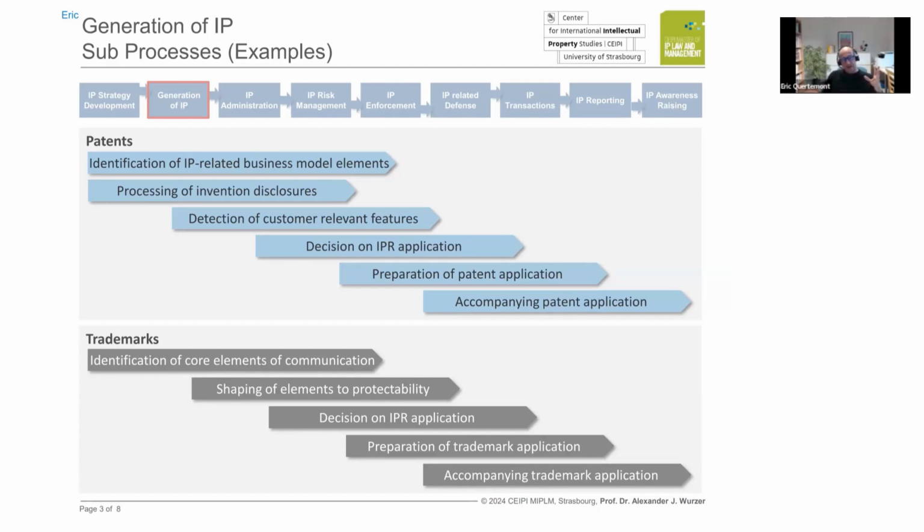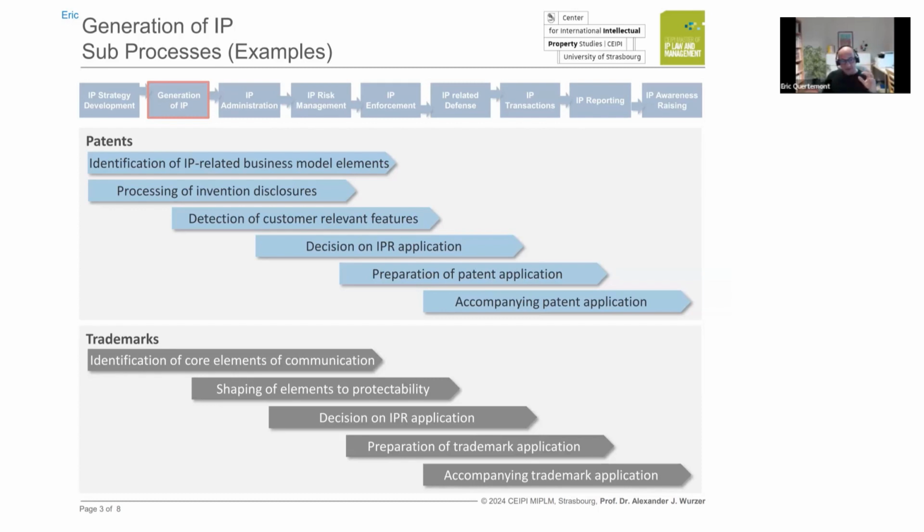Then we have the stage of the process of processing of invention disclosure, detecting customer relevant features, deciding on intellectual property right application, preparing patent application, and accompanying patent application.